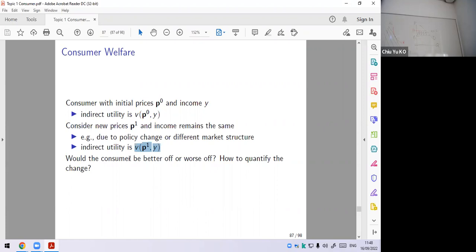So we're trying to show you that this consumer surplus is an approximation, or a middle ground, of what we're supposed to measure if you put this into the preference perspective. Let me repeat the statement here.